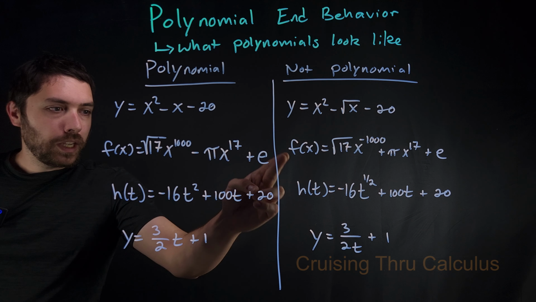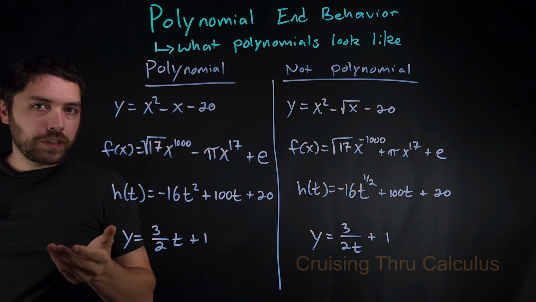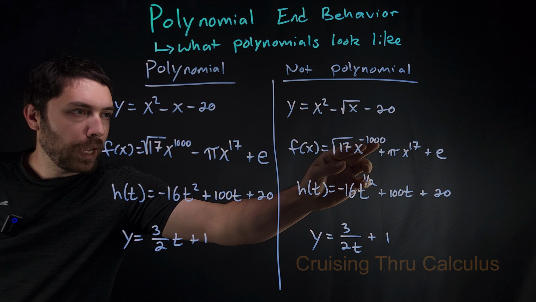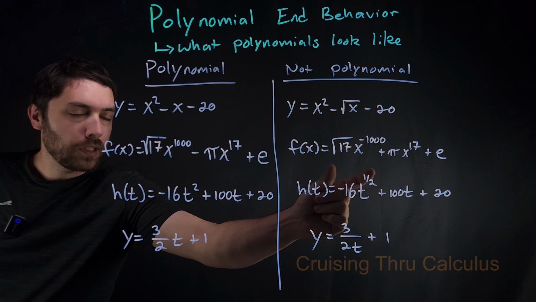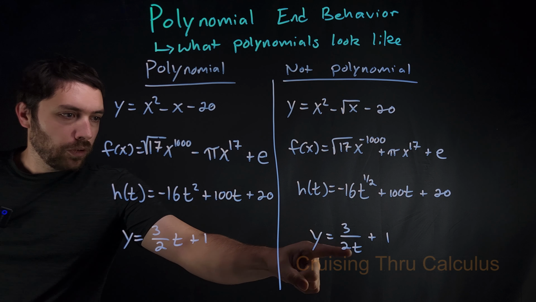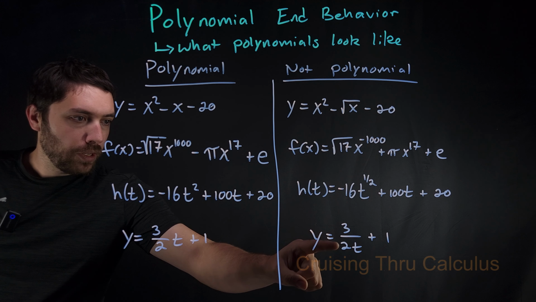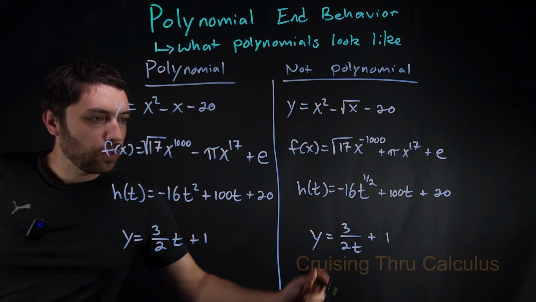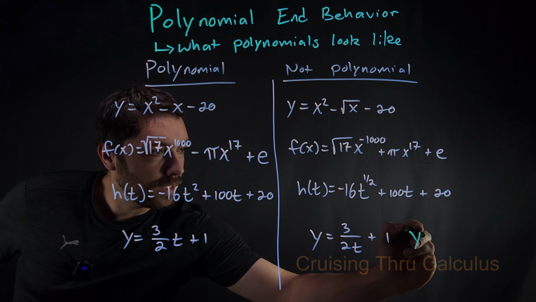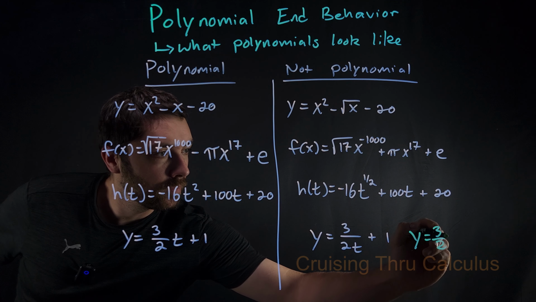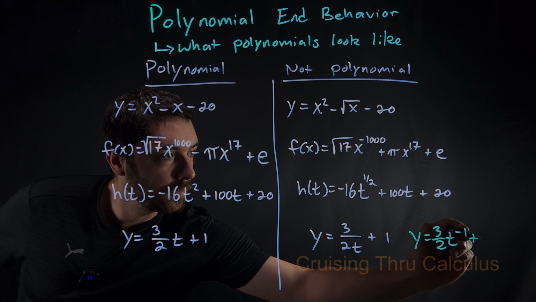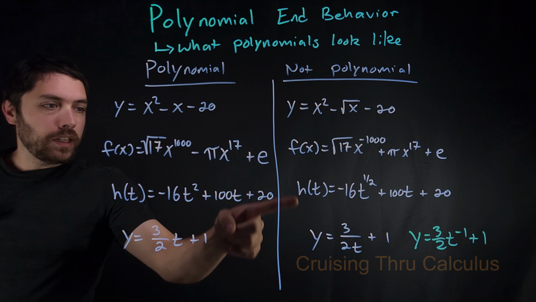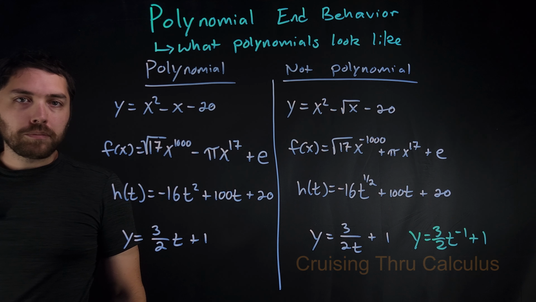Similarly, my second and fourth examples are actually the same thing, because if you ever have something raised to a negative power, you can take that and move it to the denominator. So, for example, down here, 3 over 2t could be written as 3 over 2t to the negative 1, like this. And so in that sense, these are both examples of the same thing.